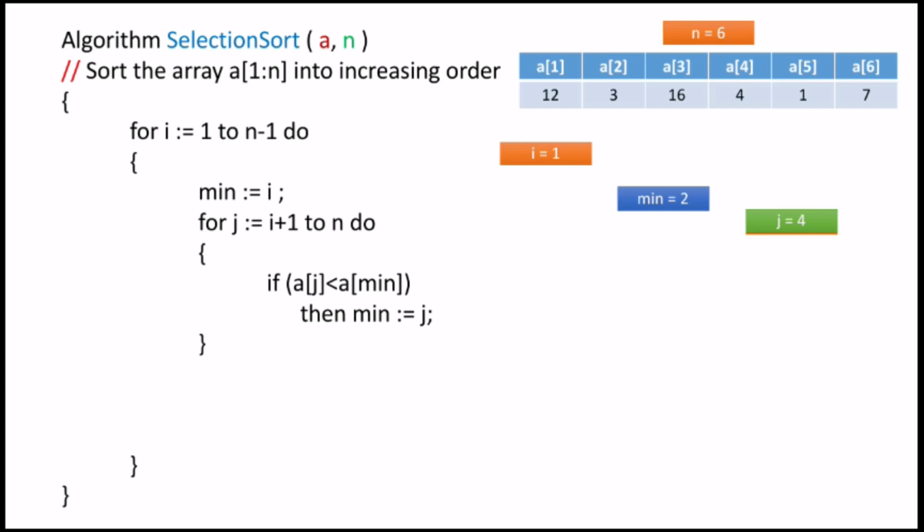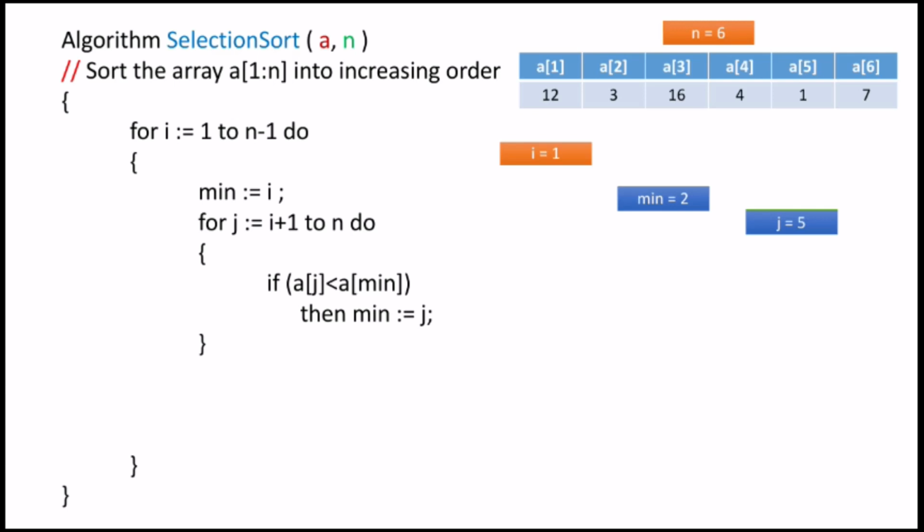Now again the value of j will be incremented. So j is now 5. Now we will compare the fifth number with the value present on min position. So here 1 is the fifth number and 3 is present on minimum position.